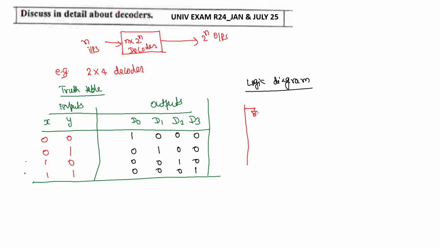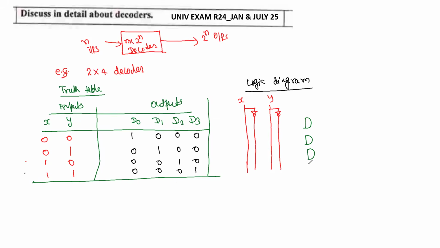So an inverter is required. So suppose this is the X. Then another we will take as the Y. For that again, we are going to use an inverter. Okay. So here AND gates are required to design this. How many outputs are there? 4. So 4 AND gates are required.